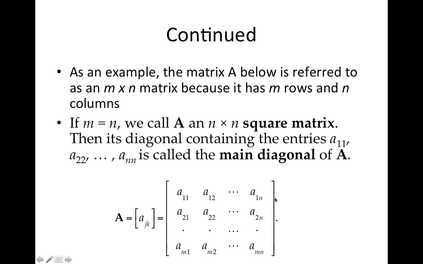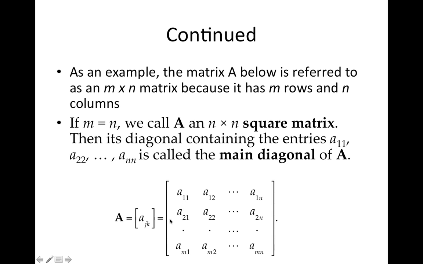So here's a matrix. Note that the notation is a bold capital letter in this textbook that we're using this semester. And that can also be written as square brackets with the lowercase a and the subscripts j and k, where j and k are indices that refer to row and column.